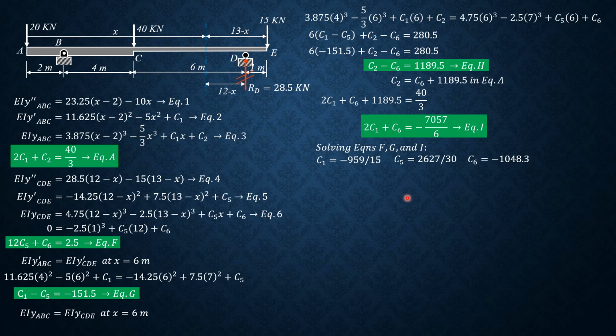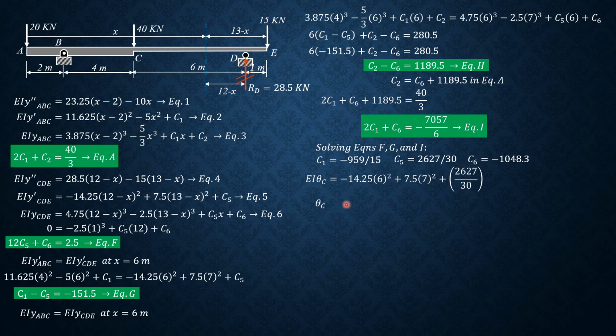So we now solve for theta C. This time we will use the equation EI y prime CDE for slope here. C sub 5 is 2627 over 30. So EI theta C equals negative 14.25 times 6 squared plus 7.5 times 7 squared plus c sub 5, which is 2627 over 30.